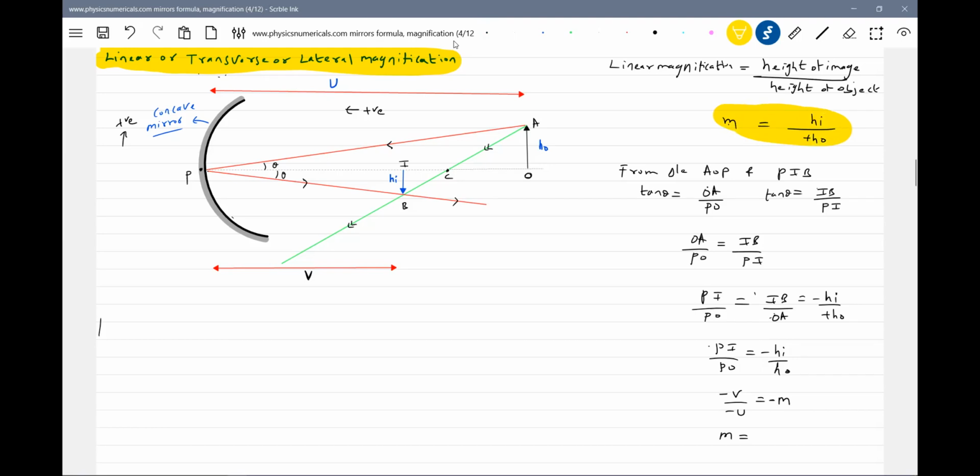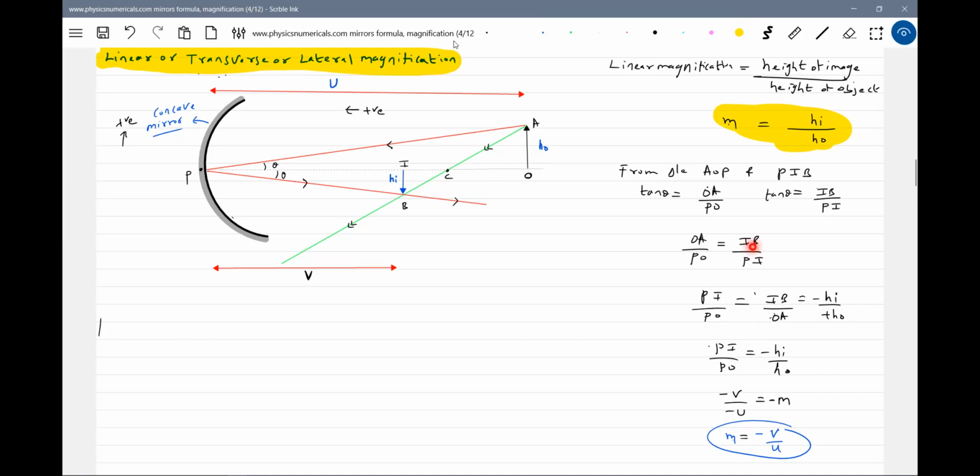Now, finally, what is the magnification formula? We end up with m equal to minus v by u. This is called the linear magnification, small m. Don't write capital M; capital M is for angular magnification. It's only the definition, magnification is height of image by height of object, so don't write any sign here.